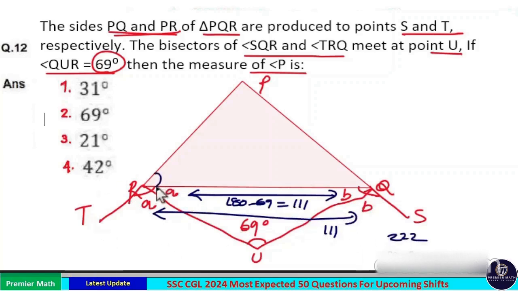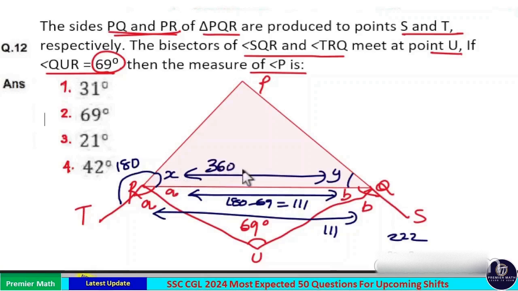Now if I take this angle in the upper triangle as X and this angle as Y, then X plus Y is equal to, here the sum of angles on a line is equal to 180 degrees. So X is equal to 180 minus 2A and Y is equal to 180 minus 2B, which means X plus Y is equal to 180 plus 180, 360 minus 222.